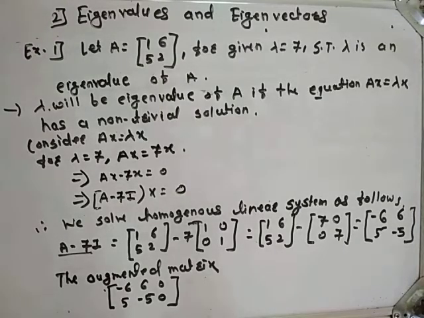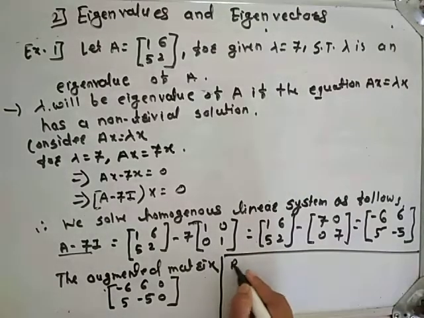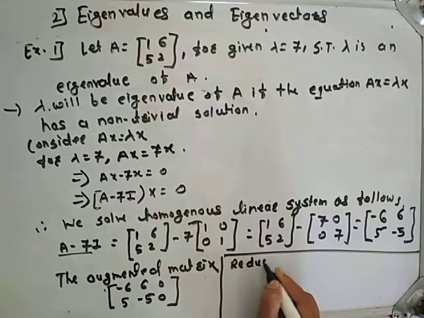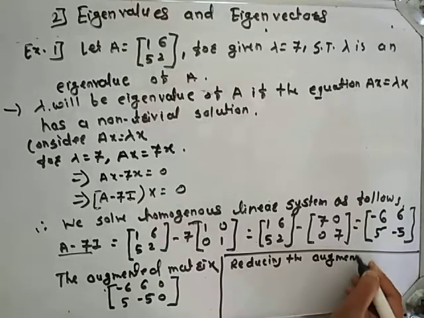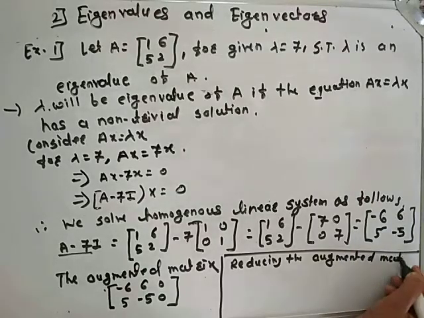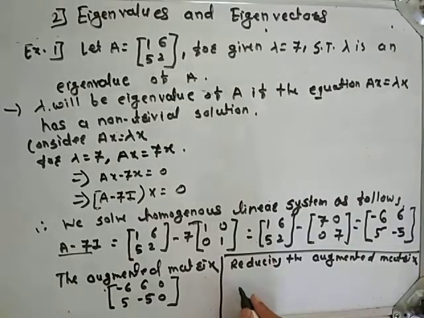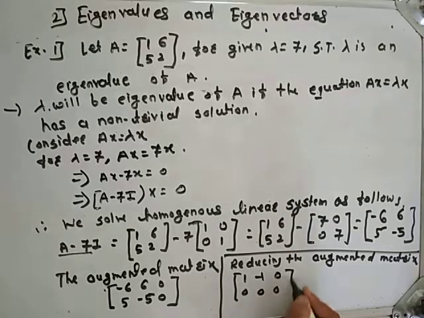Okay, reducing the augmented matrix we get the matrix 1 minus 1 0, 0 0 0, obtaining the row echelon form of this matrix.